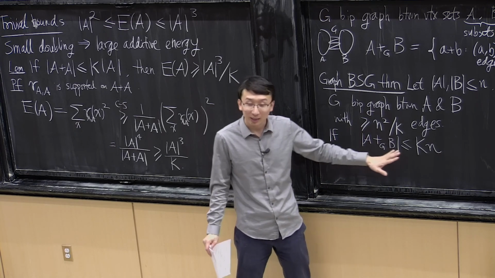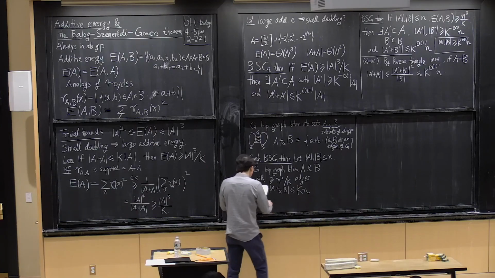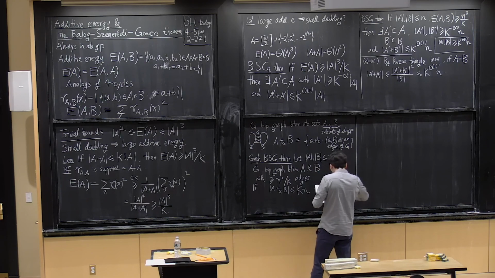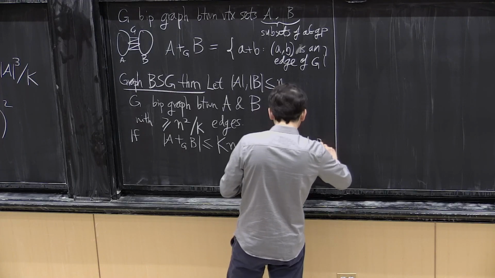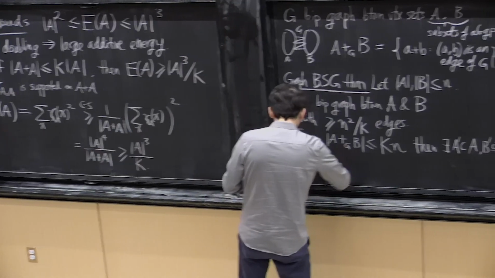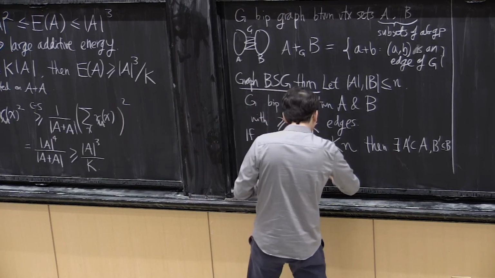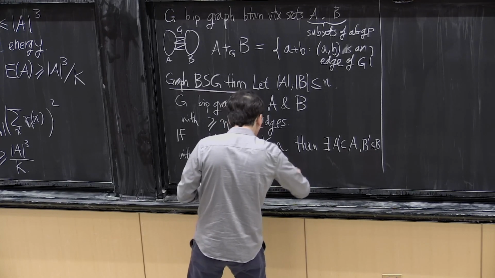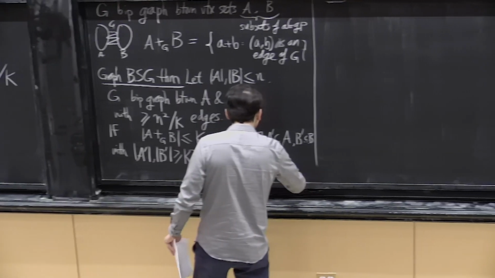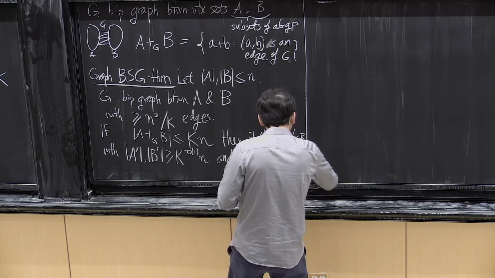If that sum set has small size, so this is kind of like a restricted doubling constant, then there exist A prime subset of A, B prime subset of B, with A prime and B prime both fairly large fractions of their parent set, and such that the unrestricted sum set between A prime and B prime is not too large.